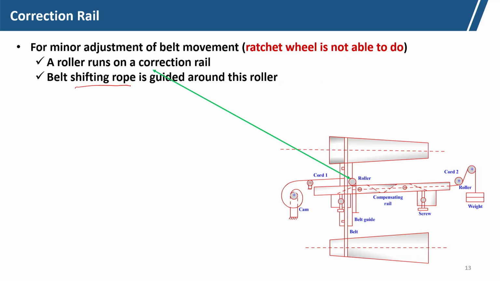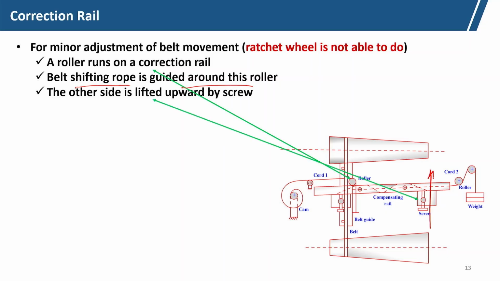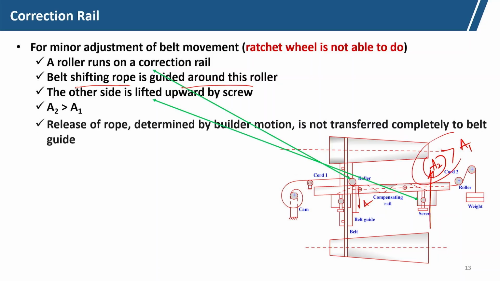The belt shifting rope is guided around this roller. The other side is lifted upward by the screw, as I have mentioned, where this A2 height is more than A1. So, depending on that angle, the shift can be adjusted.